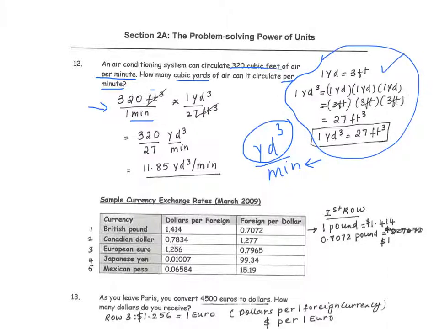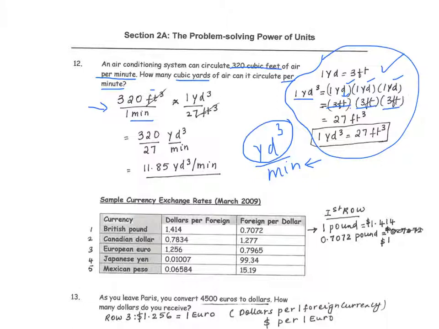We know that 1 yard is 3 feet, and we can get that from any standard table. 1 cubic yard is 1 yard times 1 yard times 1 yard, just like we did in the previous problem. Each of these measurements in yards has to be converted to feet. So 1 yard is 3 feet, 1 yard is 3 feet, 1 yard is 3 feet.